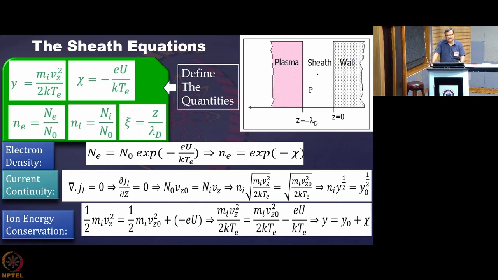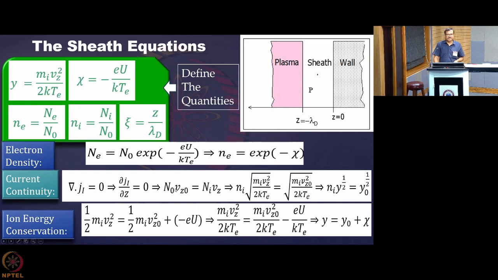Now for the ion current density, we have already told that the current continuity should be maintained. So divergence of Ji equal to 0, and that gives del Ji by del z equal to 0, since the ions are moving in this z direction. So what you get is N0 Vz0, that is at the plasma edge, equal to Ni Vz at some arbitrary point P. Now again we come to our dimensionless practice.